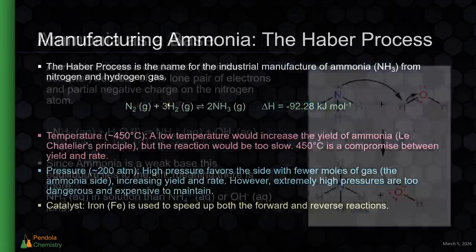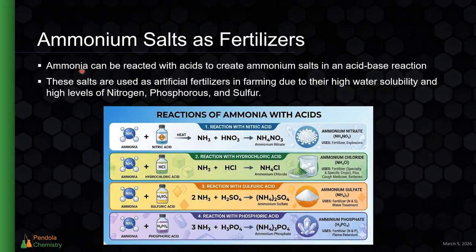So what happens whenever ammonia reacts with an acid is that it creates the ammonium ion, which will then pair up with the anion from the acid. For example, when ammonia reacts with nitric acid, the ammonium that results from the reaction pairs up with a nitrate ion, creating ammonium nitrate.